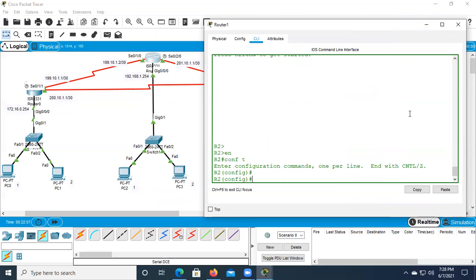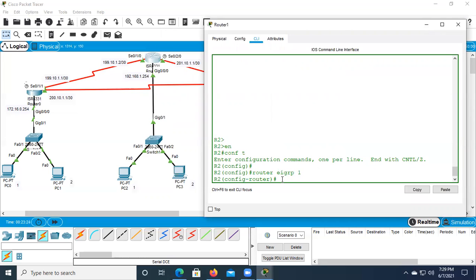Teacher, router EIGRP. Tell me, Angadesh. Yes, router EIGRP 2. No, it should be in the same autonomous system only. One only. One. Sorry, no problem. Router EIGRP 1.